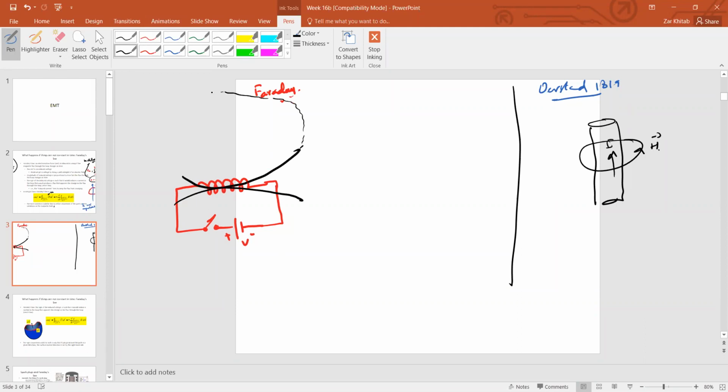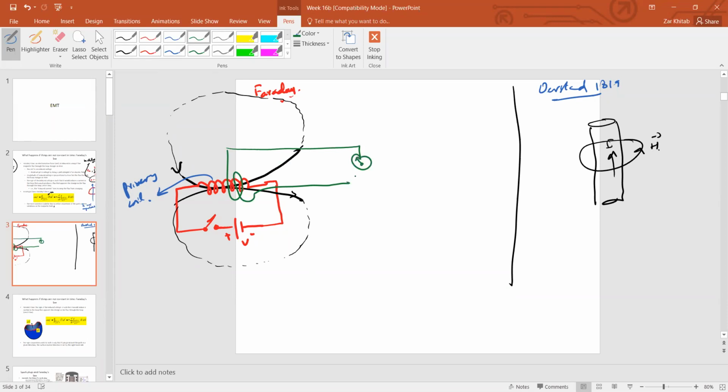These magnetic lines of force will eventually come back to make a complete path, and there will be many such magnetic lines of force. So Faraday took a primary coil, and then he placed a secondary coil here, and he placed an ammeter here, just to show the current I in the circuit.